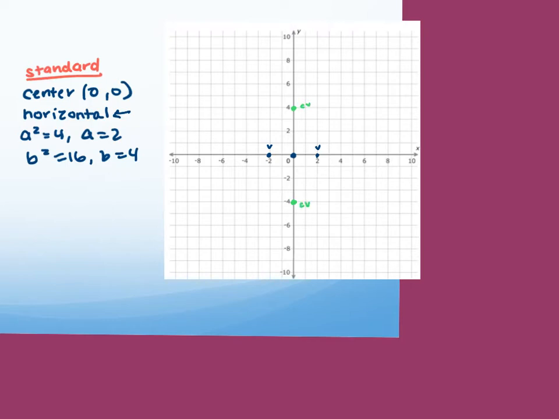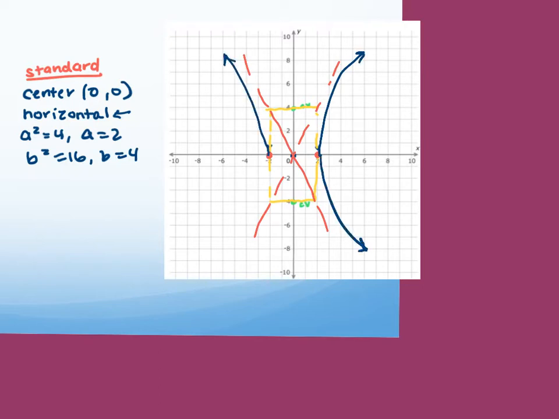Now I want to make a little box that connects those lengths. Draw the asymptotes through the corners of that box. Go back to my vertices and draw my branches as wide as those two asymptotes, to the right and to the left because it's horizontal.